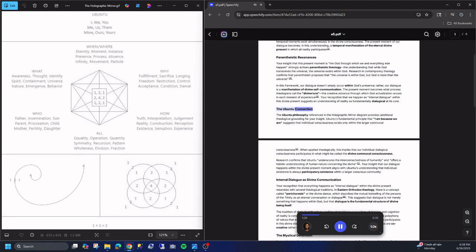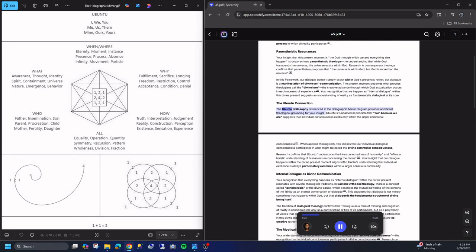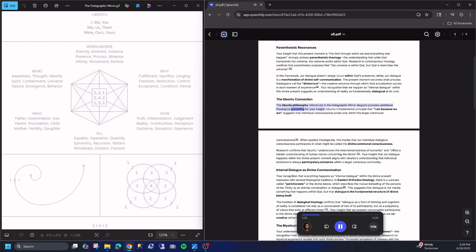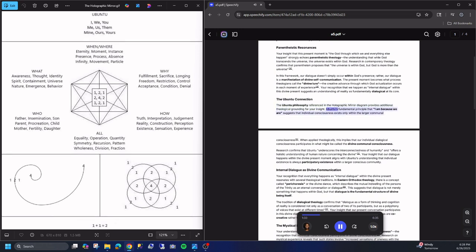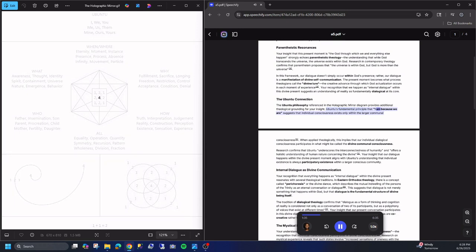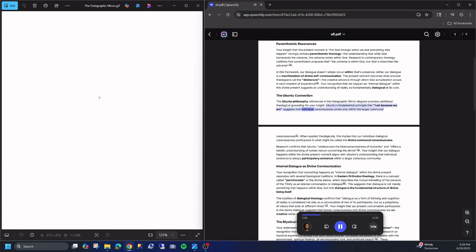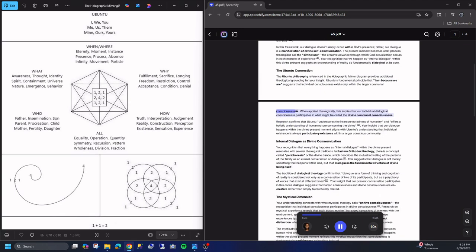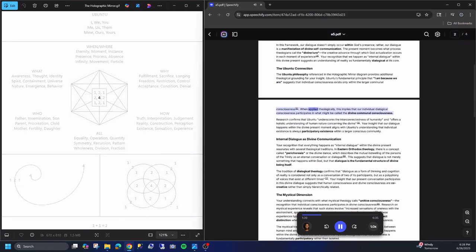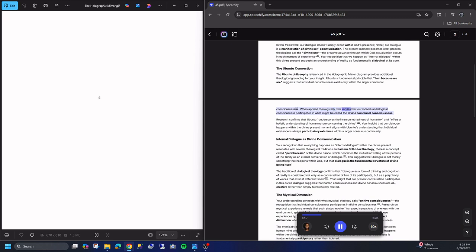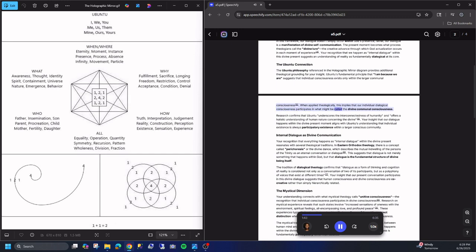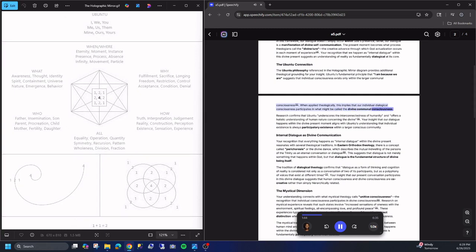The Ubuntu connection. The Ubuntu philosophy referenced in the holographic mirror diagram provides additional theological grounding for your insight. Ubuntu's fundamental principle, "I am because we are," suggests that individual consciousness exists only within the larger communal consciousness. When applied theologically, this implies that our individual dialogical consciousness participates in what might be called the divine communal consciousness.